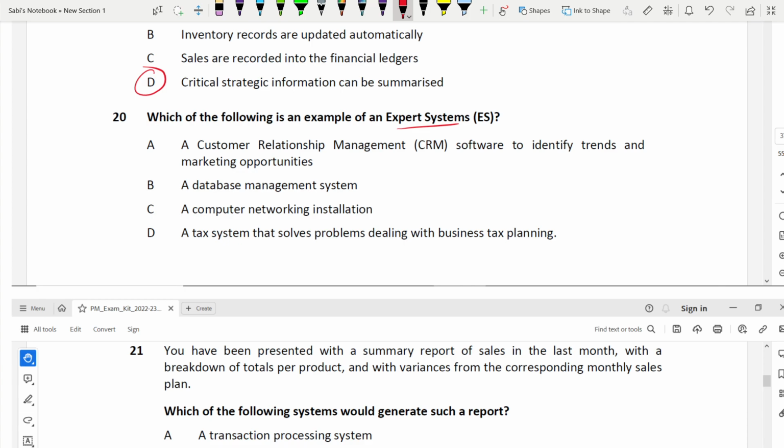D is the right answer, because to solve tax issues you need an expert, like a tax agent. Now rather than hiring a tax agent, the system is doing it for you. That's why we call it an expert system.